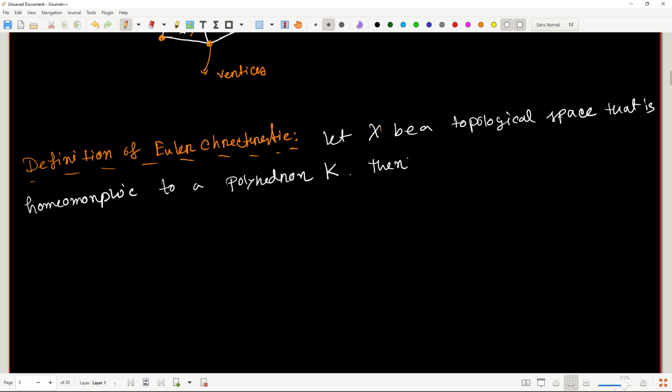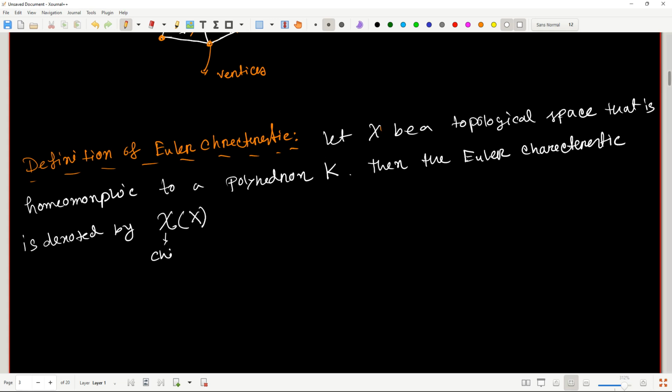Then the Euler characteristic is denoted by chi.